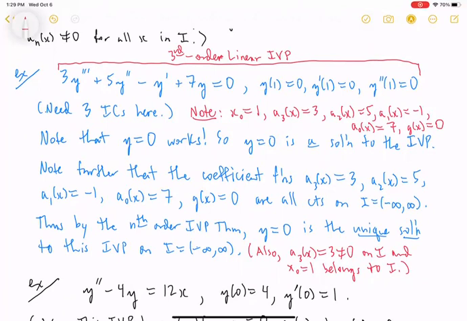They're continuous everywhere. How interesting. And the leading coefficient function, a2 of x, is never 0. And what does it look like our x0 is in this case? Like, what's the place we're evaluating all these things at? 0. Okay. And do I have enough initial conditions? Yep. Because it's a second order initial value problem, I need the function evaluated at a point and the derivative evaluated at a point.